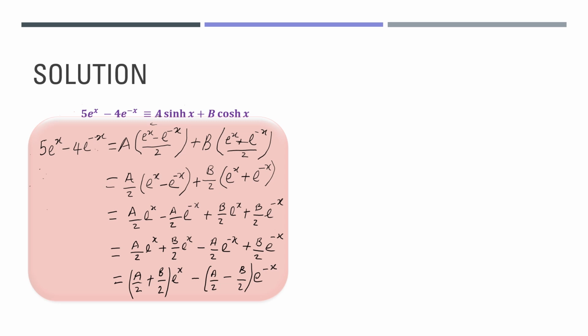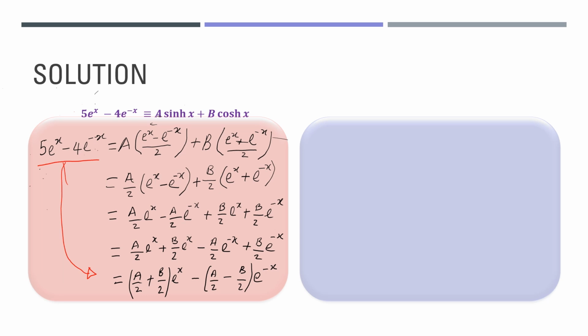With close observation, we see that the expression on the left hand side is looking similar to the expression here. Now we can equate the coefficient of e^x on the left hand side with the e^x on the other side, and then we'll do the same thing for e^(-x).